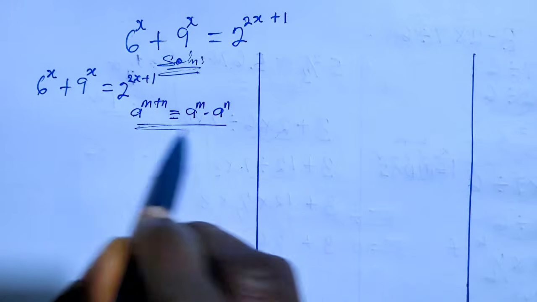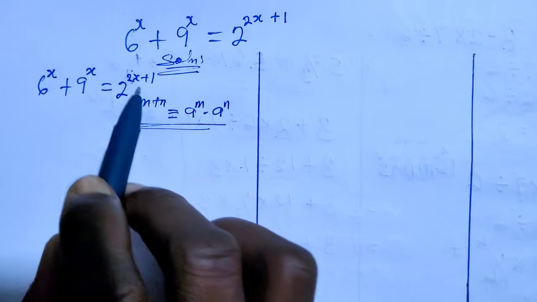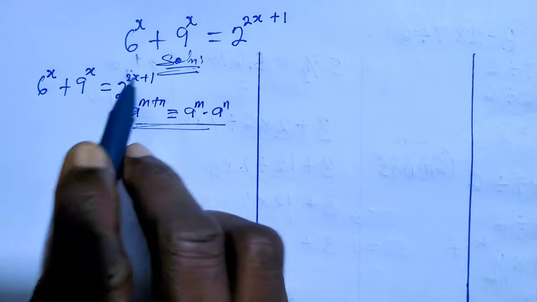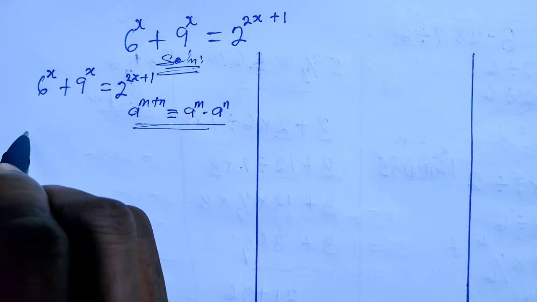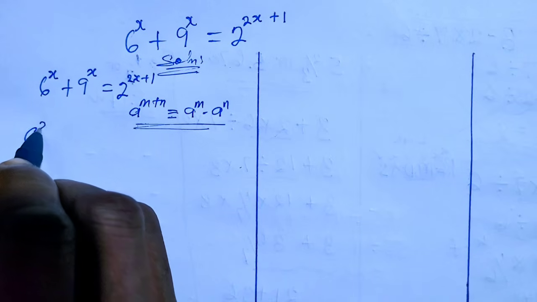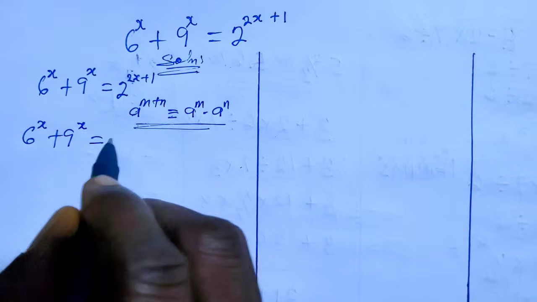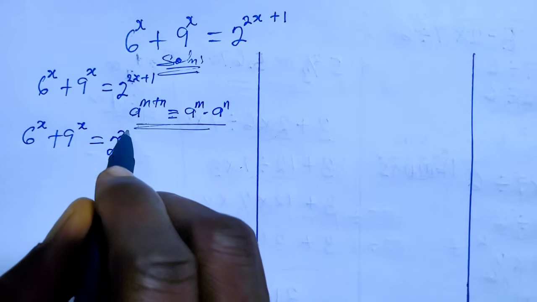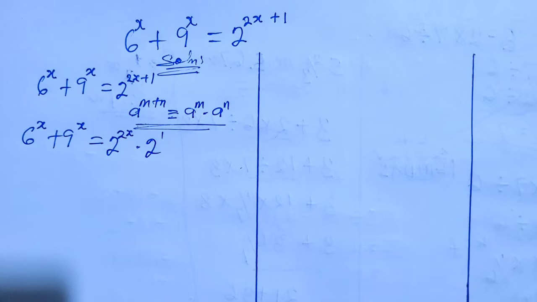Applying this same law, the expression at the right-hand side becomes 6 to the power of x plus 9 to the power of x equals 2 to the power of 2x multiplied by 2 to the power of 1.